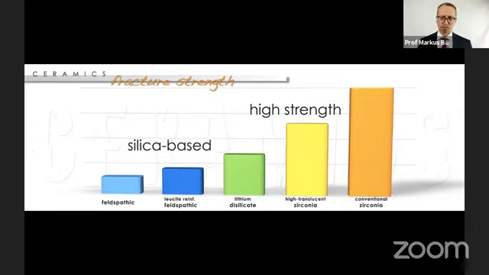One is physical properties. What is the fracture strength that the material offers us? We know that silica-based or feldspathic ceramics are at the lower end of the physical properties. Then we go up: lithium disilicates or lithium silicates, high translucent zirconia, then the conventional zirconia available today. We go up this ranking in fracture strength.